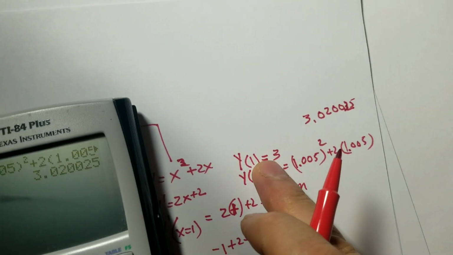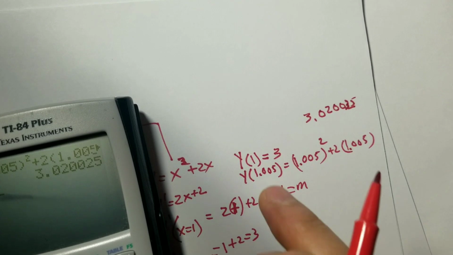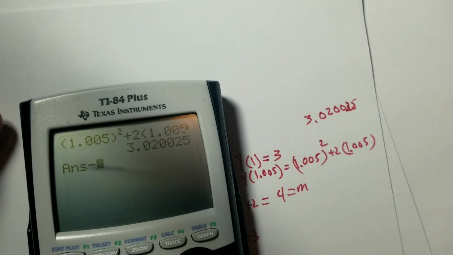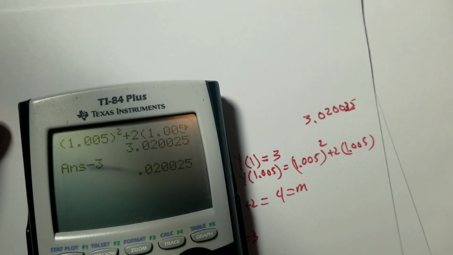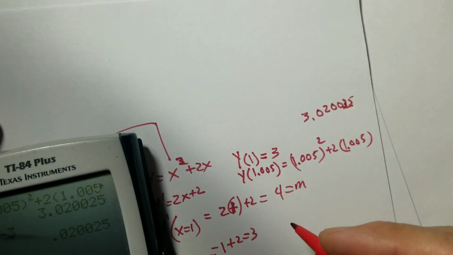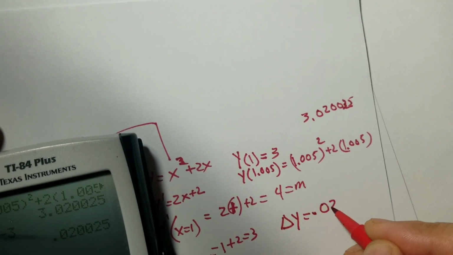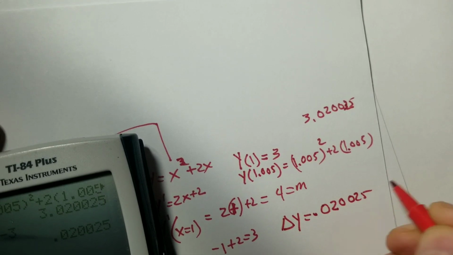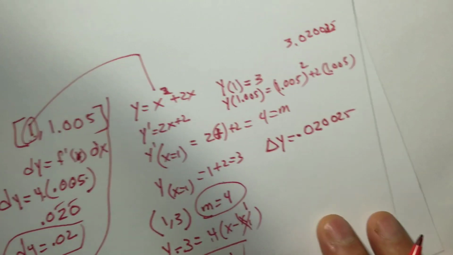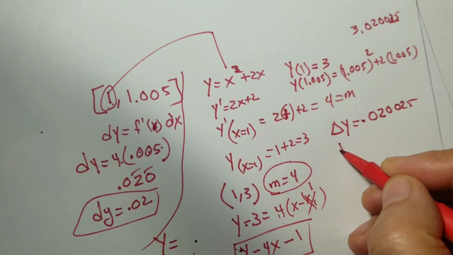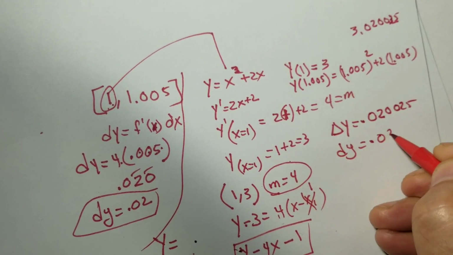And what was y1? y1 was 3. I subtract 3. What is the difference? The exact change is 0.020025, and my easy way was only 0.2.